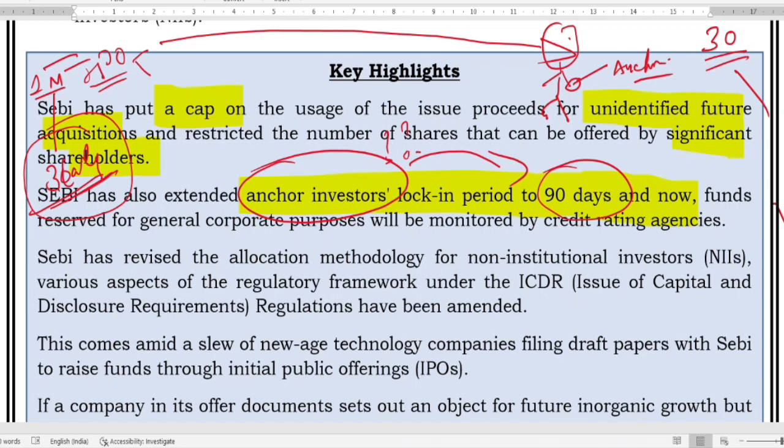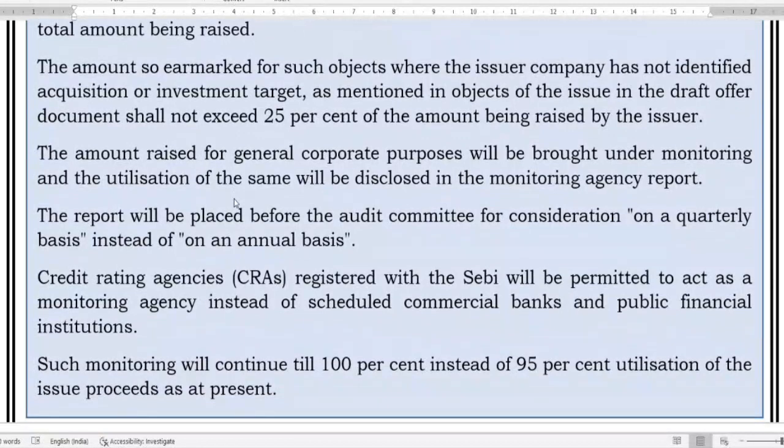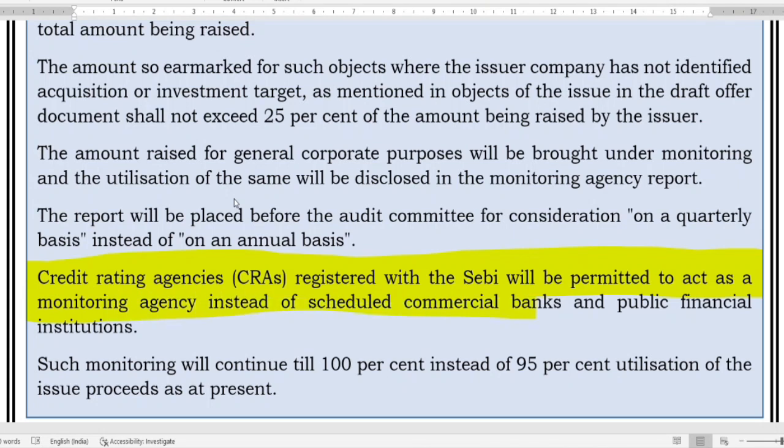Okay, let's move forward. SEBI has also revised the allocation methodology, which we have seen. Now, the next important part is that credit rating agencies registered with SEBI will be permitted to act as a monitoring agency instead of scheduled commercial banks and public financial institutions. Initially, money always flows through banks, as there is no other way for money to flow.